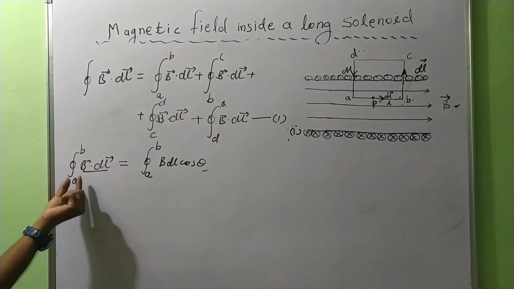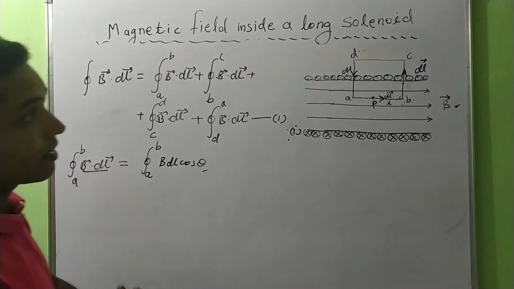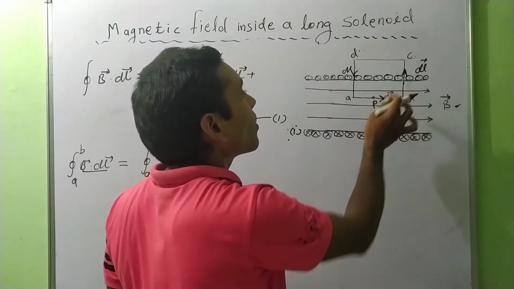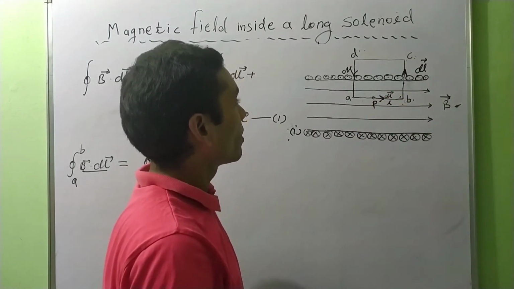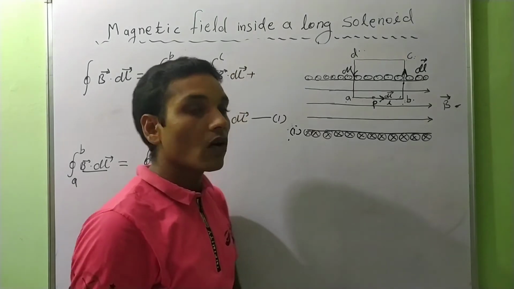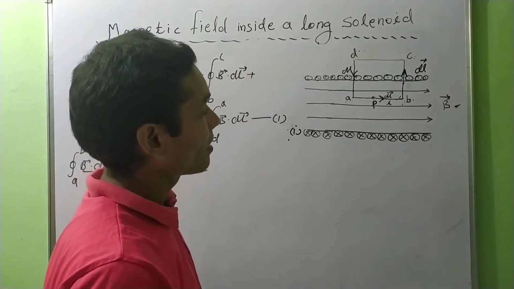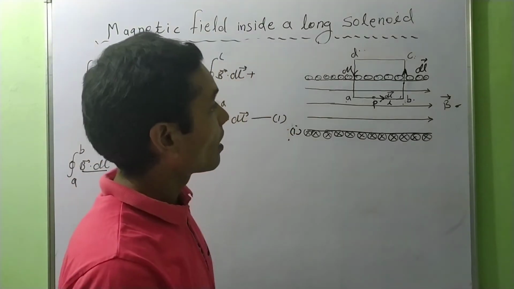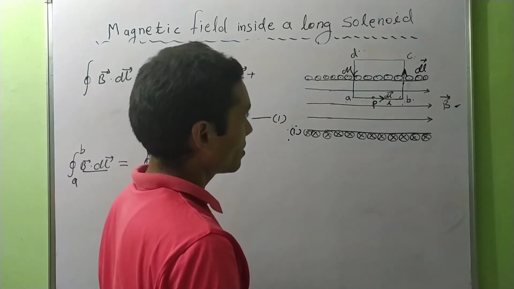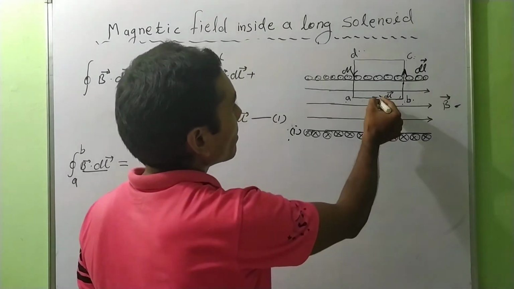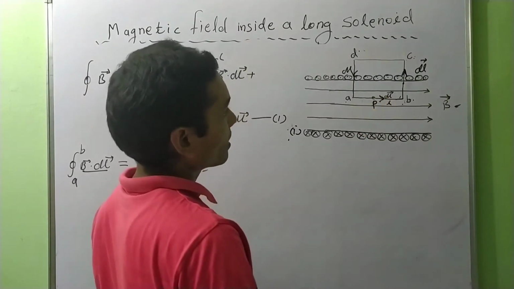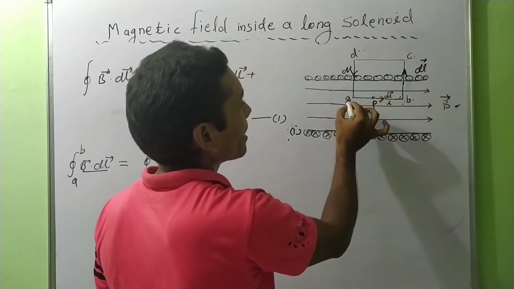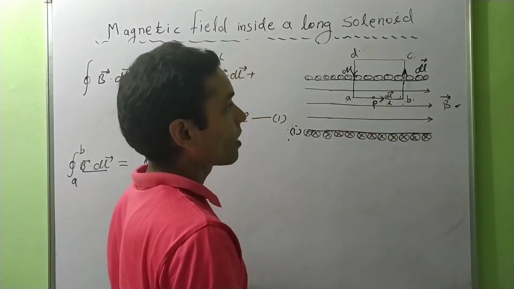Here theta is the angle between vector B and vector dl. At this point P, consider a small element dl. Now what will be the direction of small element dl? The direction of small element dl will be along the tangent drawn from the point P. So the tangent drawn from the point P will be along this direction, A to B direction.